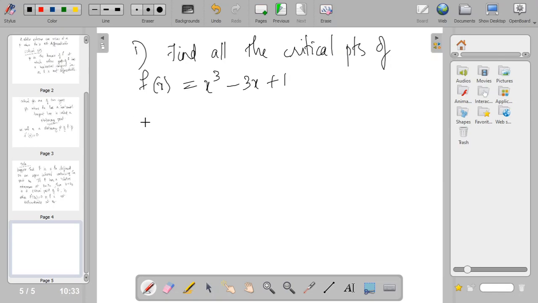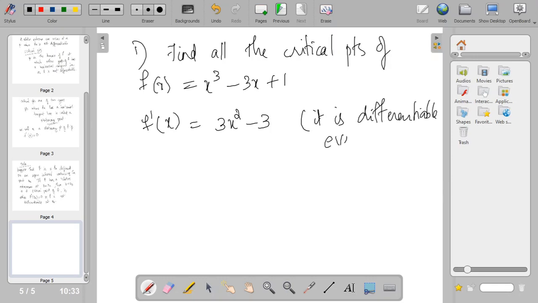So for the critical points, we will first look at what is f dash of x. This is a polynomial function, and again the derivative is going to be a polynomial. So the function and its derivative will be differentiable everywhere. So f dash of x will be 3x square minus 3. So it is differentiable everywhere.